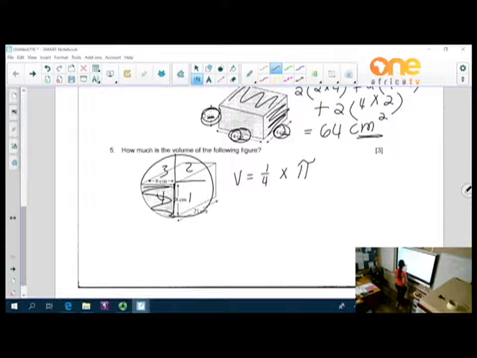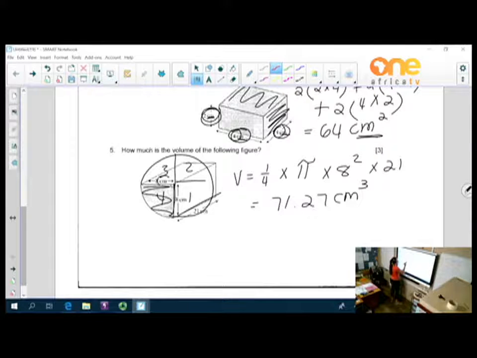So we will have a quarter multiplied by pi times radius squared times 21, which is the height, or in this case, if you look at it from this side, the length. And we are left with a volume of 71.27 centimeters cubed. Again, they give you units, centimeters, so your answer needs to have units as well.